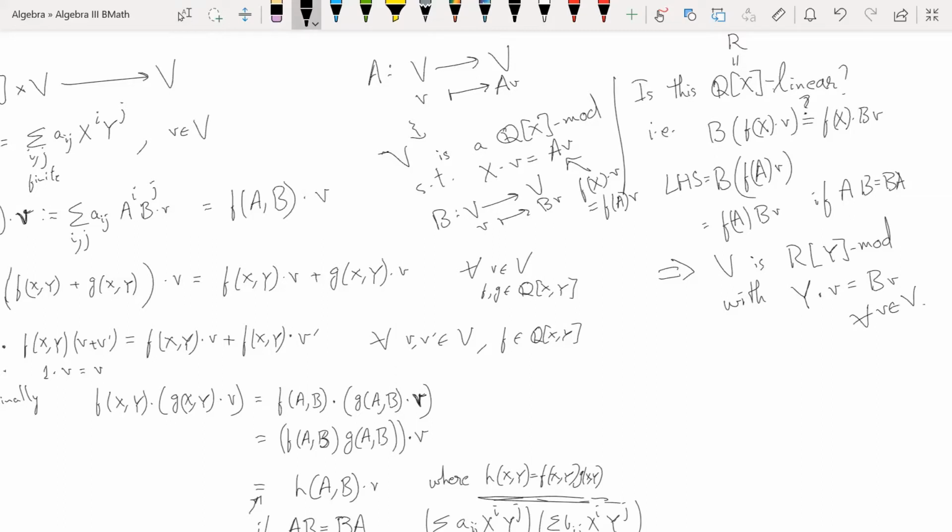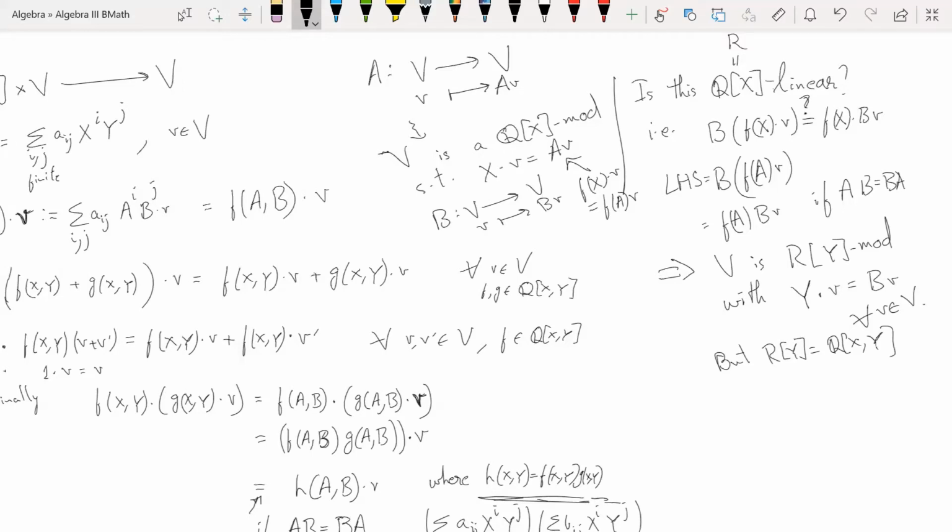So R[y] is Q[X,Y]. So now you have V is an R[Y] module where X dot v is already Av and Y dot v is Bv. So this is how you can give a Q[X,Y] module structure.